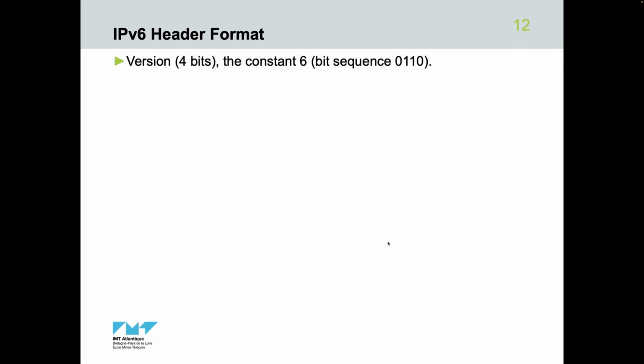So the first field of the IPv6 header format represents the version. It consists of 4 bits and it represents the IP version number. For IP version 6, the sequence of bits is defined to be 0110.